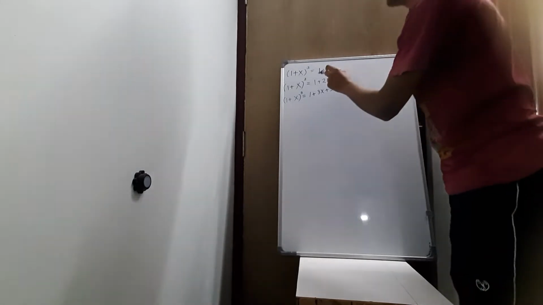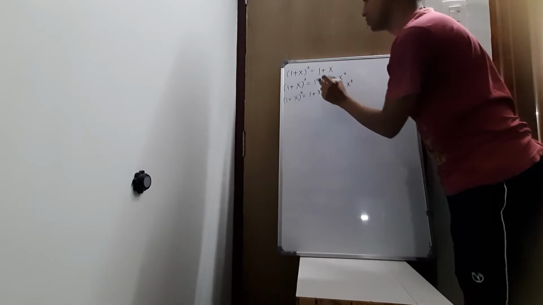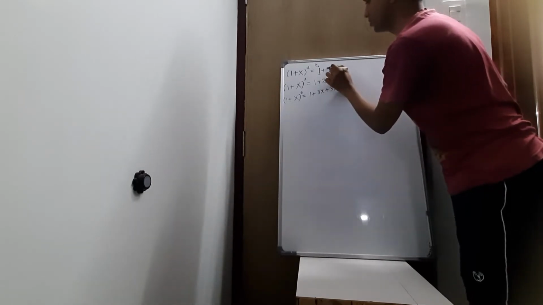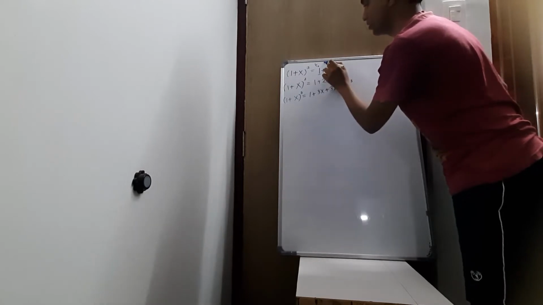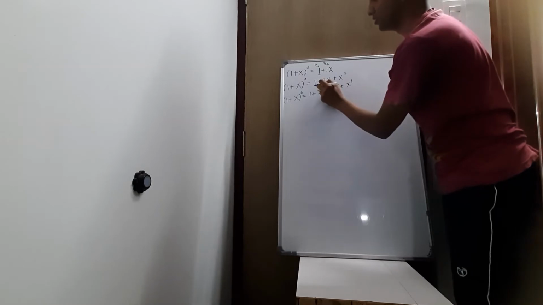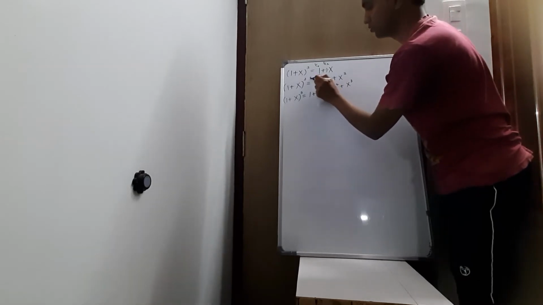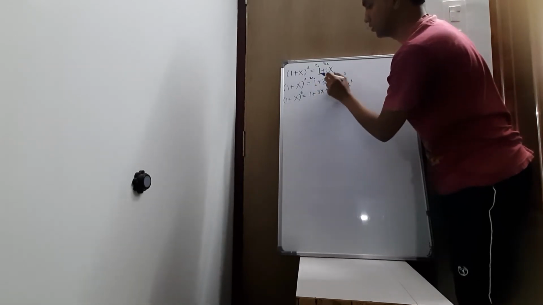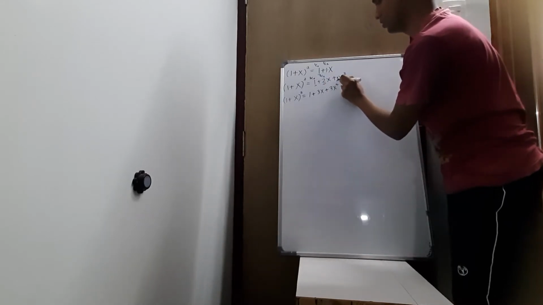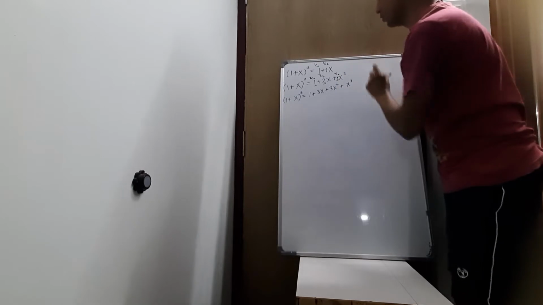Now you can see that this 1 can be written as 1C0, and this 1 time x can be written as 1C1, and similarly this 1 can be written as 2C0, and this is 2C1, and this one can be written as 2C2.